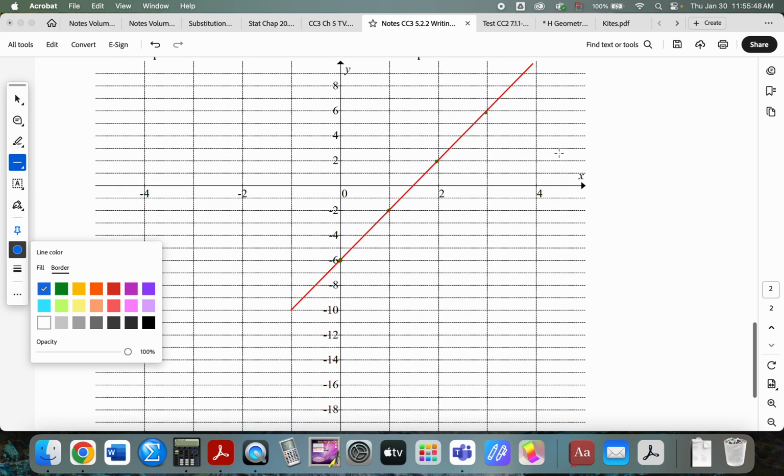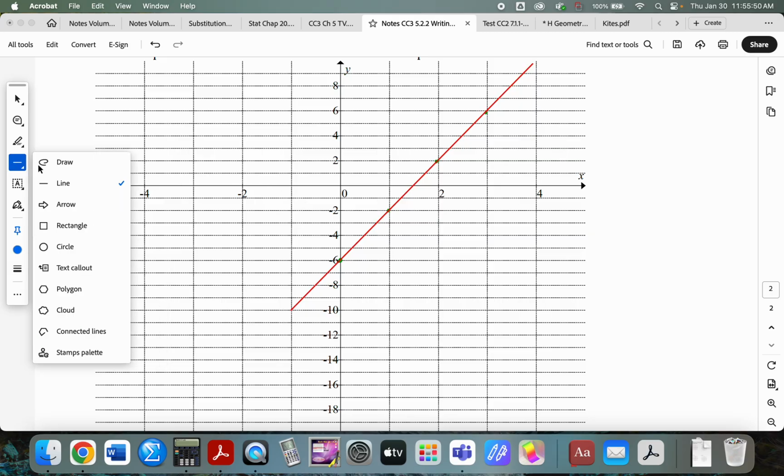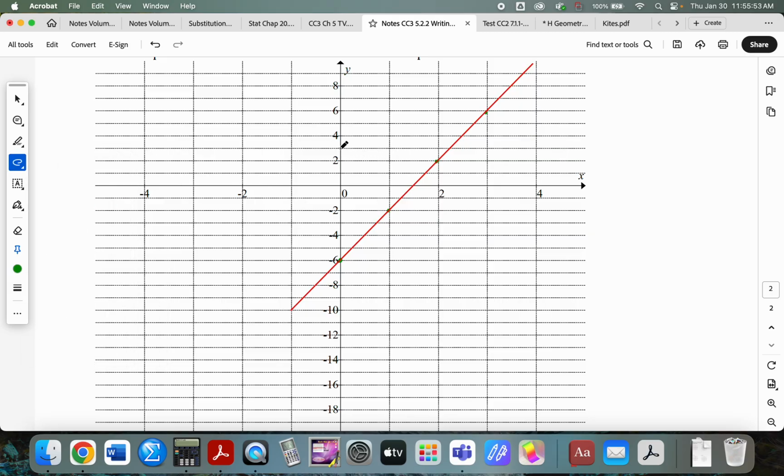Negative 2x plus 3. So it looks something like this.